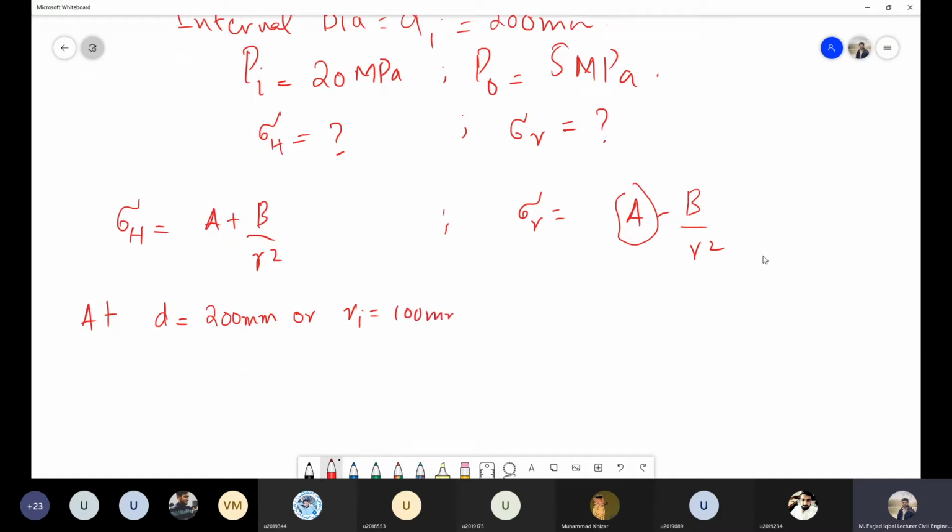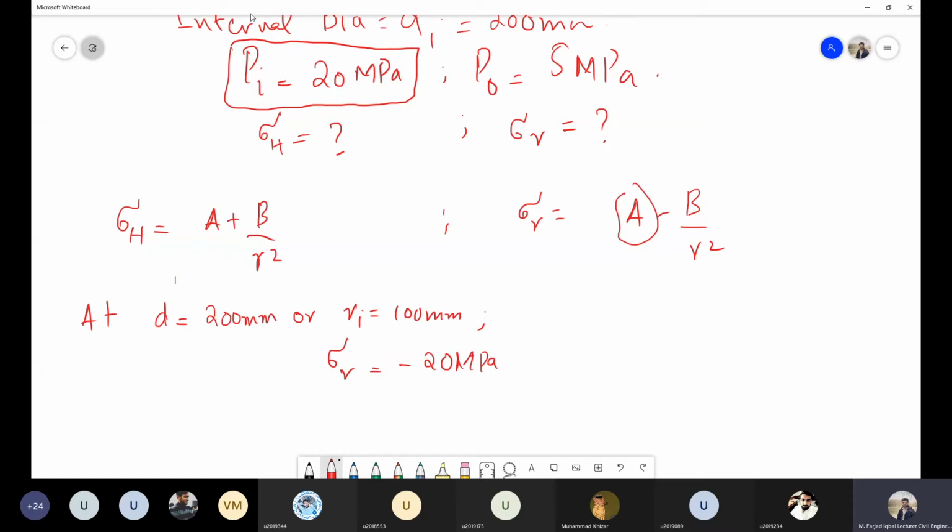So at Ri equal to 100 mm, what is my radial stress? Sir, minus of the internal pressure. So it will be equal to the opposite of this internal pressure which is given to me. So at the internal radius, the radial stress is equal to minus 20 megapascal. This is my one condition.